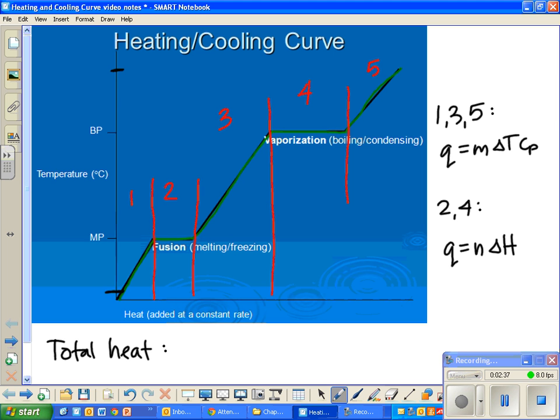If you were calculating only from somewhere between the melting and boiling point, up to a temperature above your vaporization, you would add together sections 3, 4, and 5. So only the sections that exist within your temperature range. So it'd be the sum of all sections.